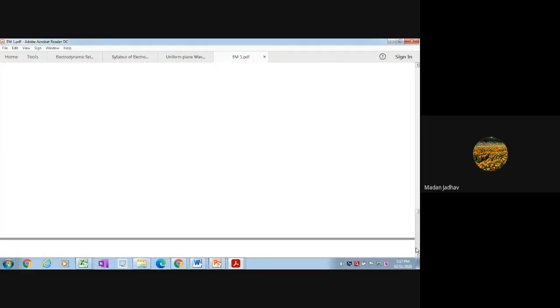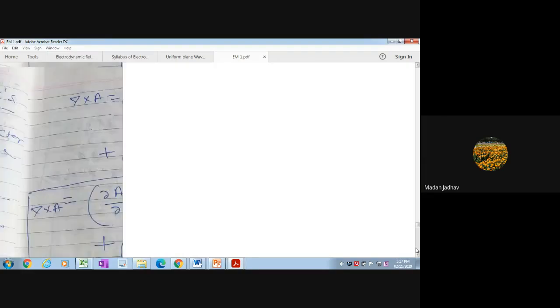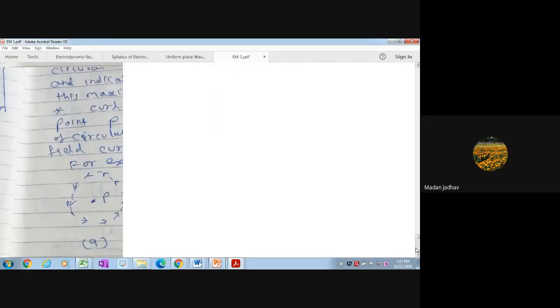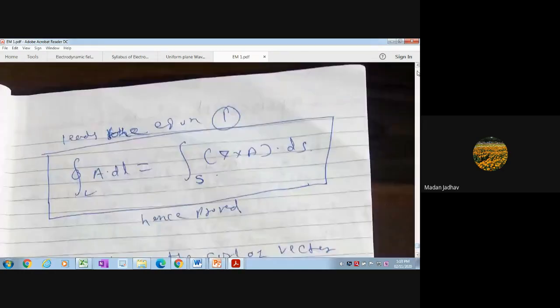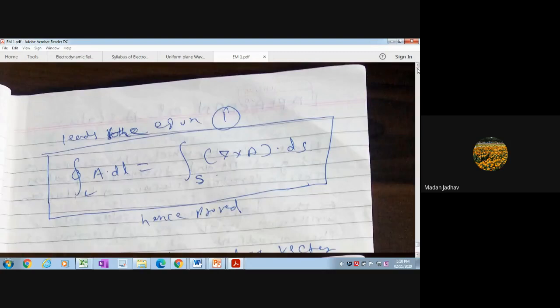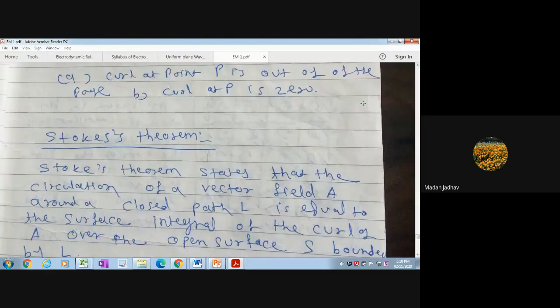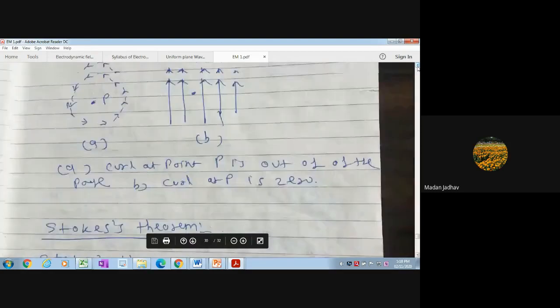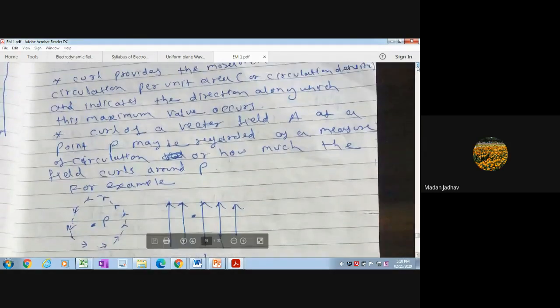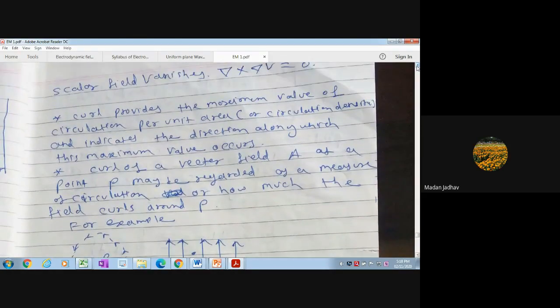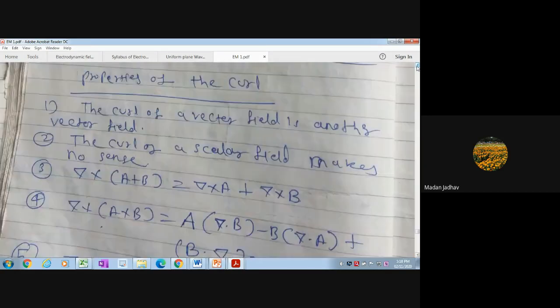From that you can understand curl of E is equal to minus ∂B/∂t, and curl of H is equal to J plus ∂D/∂t. First of all we will define what curl means, and then you will understand it more.